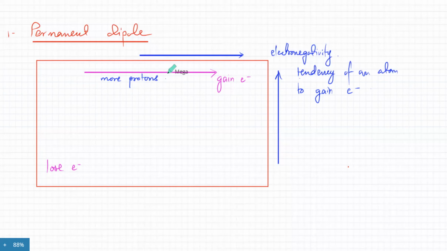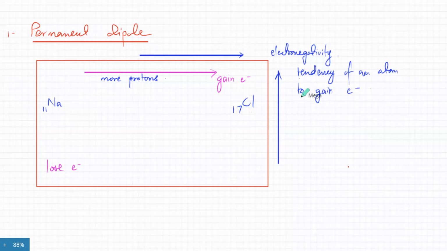An atom has more protons. For example, if you have Na over here, it has 11 protons, and you have Cl on the extreme other end, and that Cl has 17 protons.